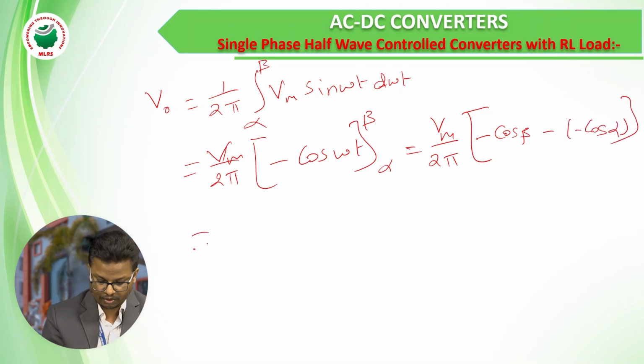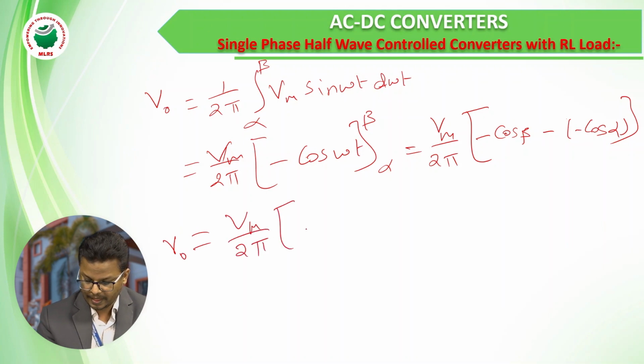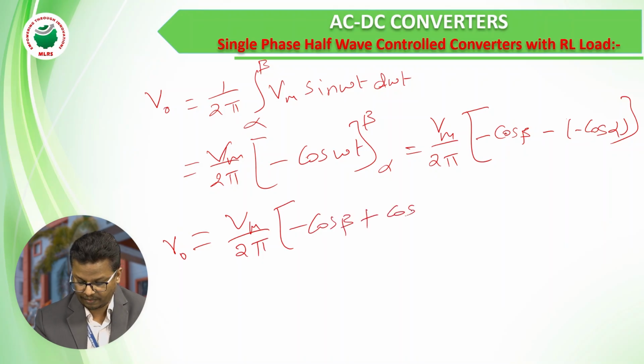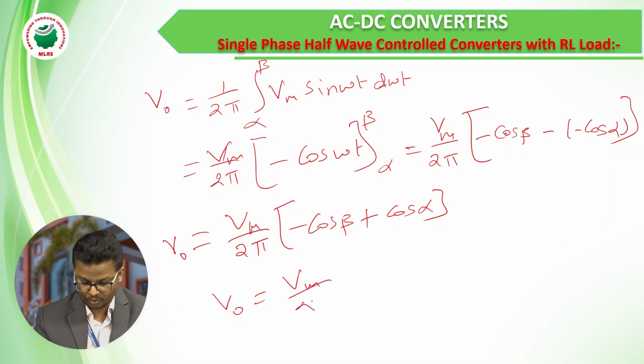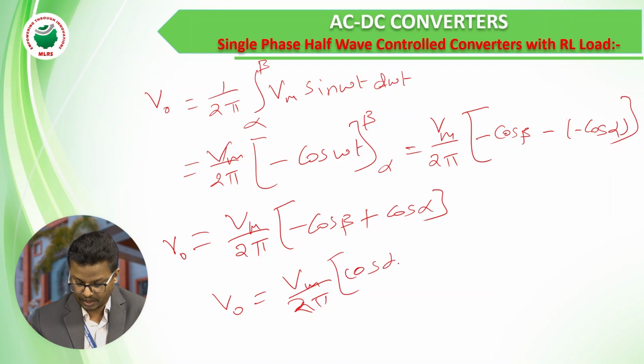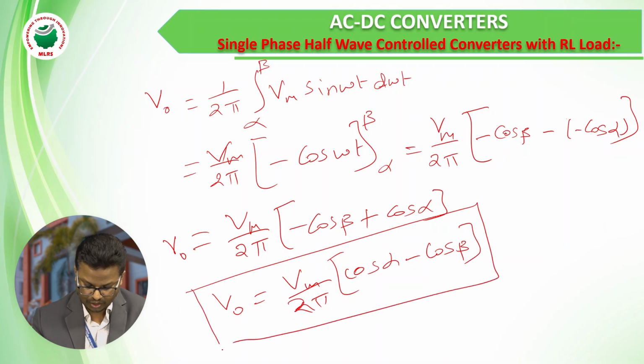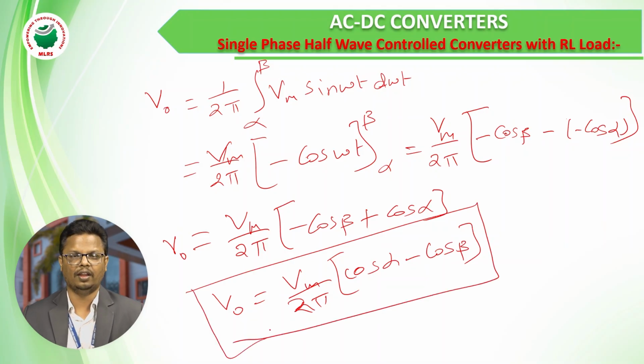So V0 equals Vm by 2 pi times minus cos beta plus cos alpha. The overall equation is Vm by 2 pi times cos alpha minus cos beta. This is the average output voltage of the RL load.